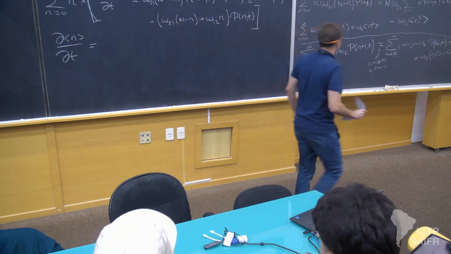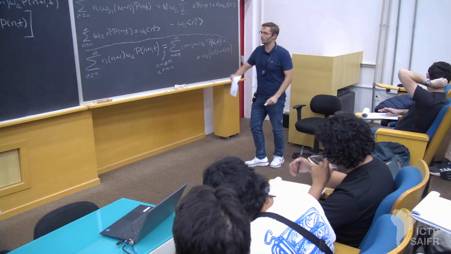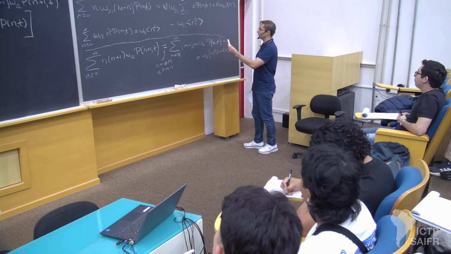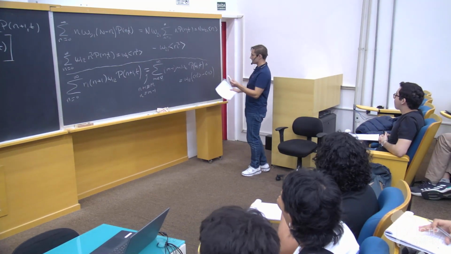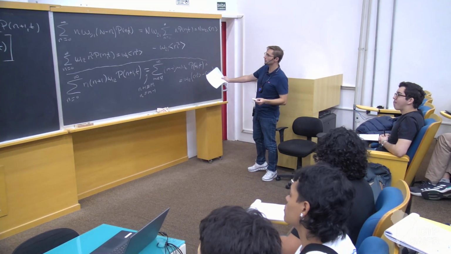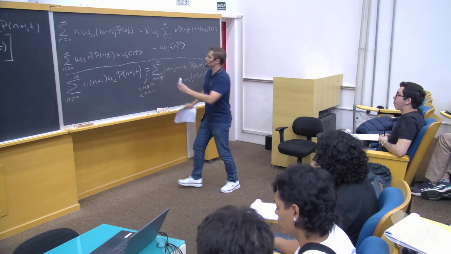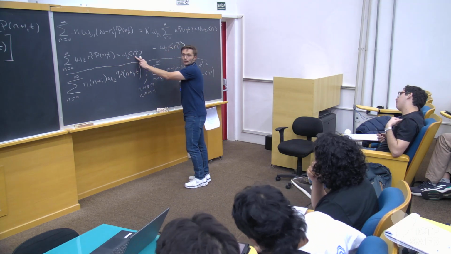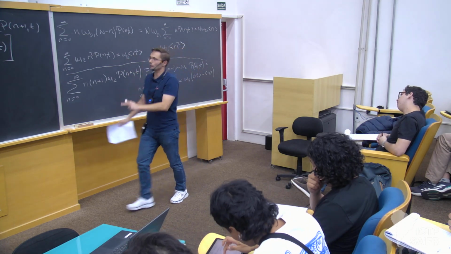Before writing the equation, let me explain why some things are going to simplify. Notice that this is omega 1,2, and this is omega 1,2 here. So here I have omega 1,2 times the mean value of n squared, coming from this contribution.